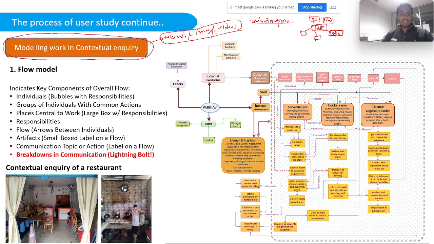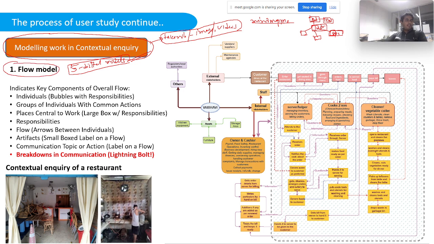Researchers have suggested a way in which mind mapping can be done to capture the information from a contextual inquiry, in the form of five distinct models. These are the flow model, cultural model, sequence model, physical model, and artifact model. The very first one is the flow model.